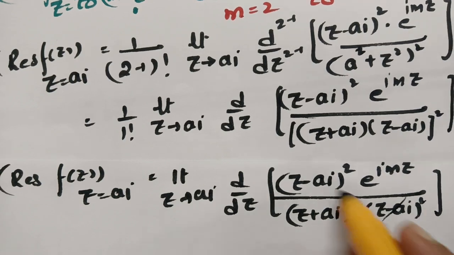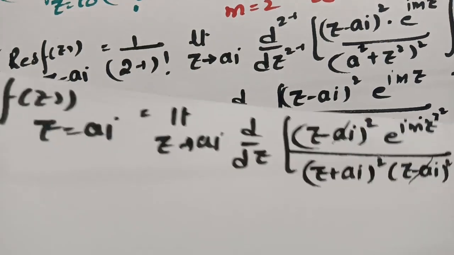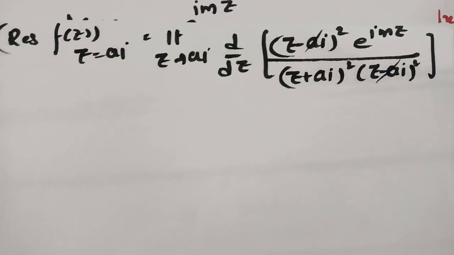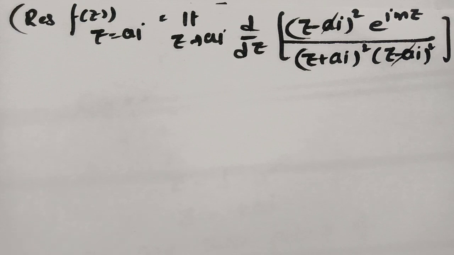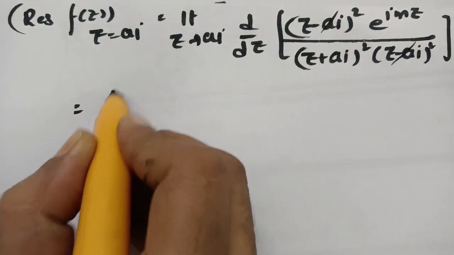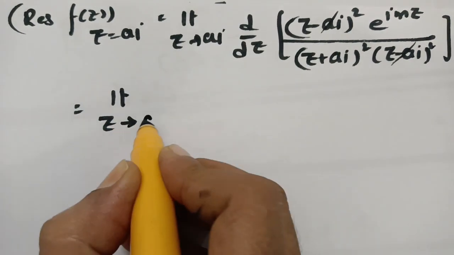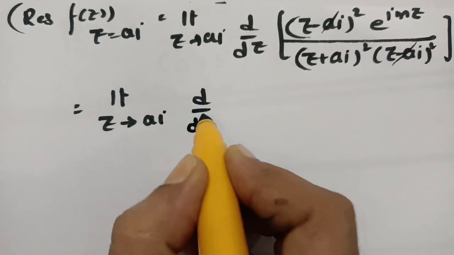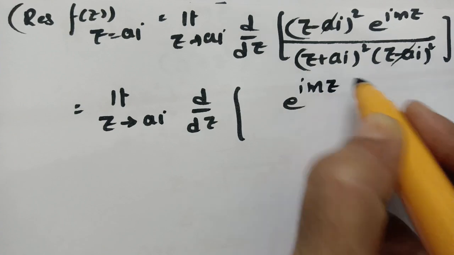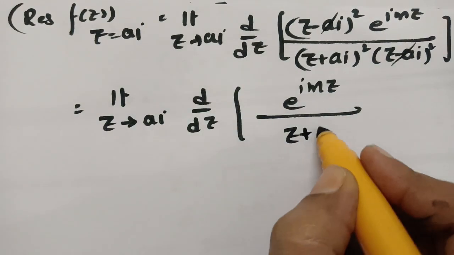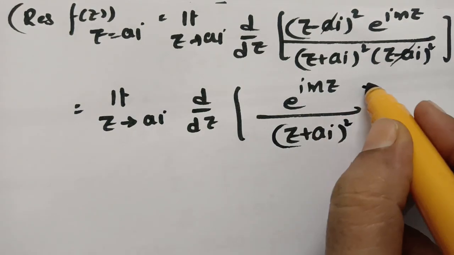Clear? Now I can cancel these two, and after cancelling I have to take the derivative one time, and again substitute ai in place of z. Clear? So this will be limit z tends to ai of d by dz of e power imz by z plus ai whole square.